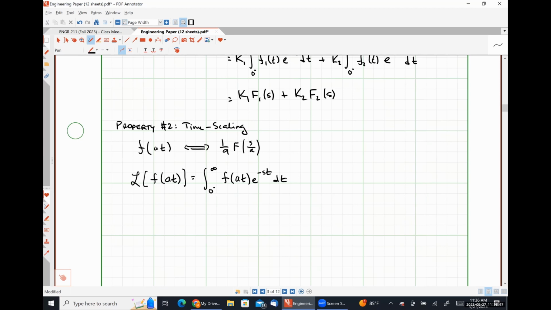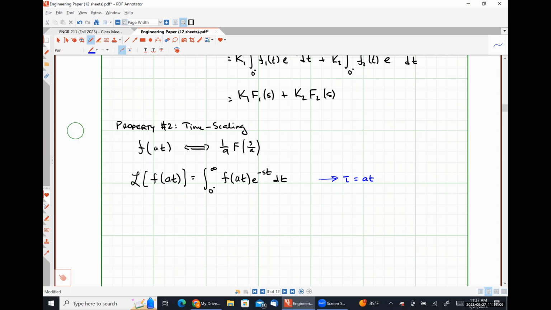So I'm going to introduce a dummy variable here. So let's say that tau is going to represent the quantity a multiplied by t.